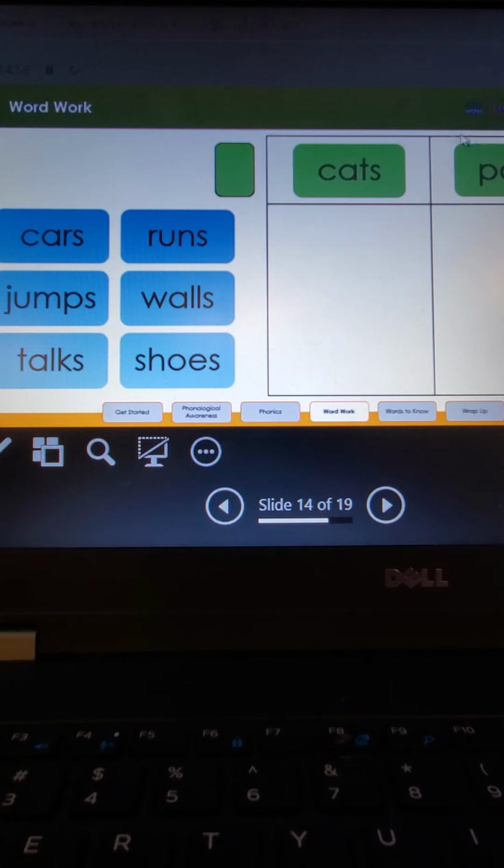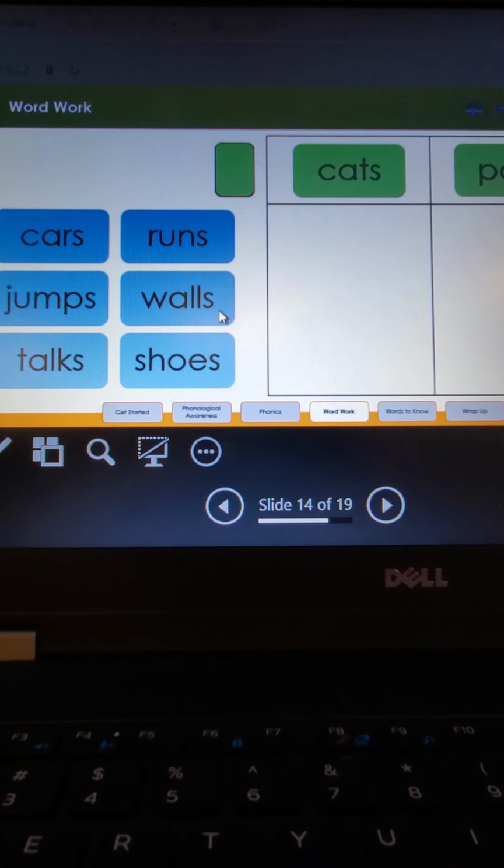The next one is runs. I'm going to put runs under pats also because that is a verb. It's an action. How about the word walls?